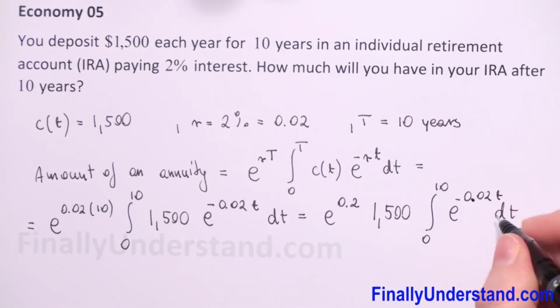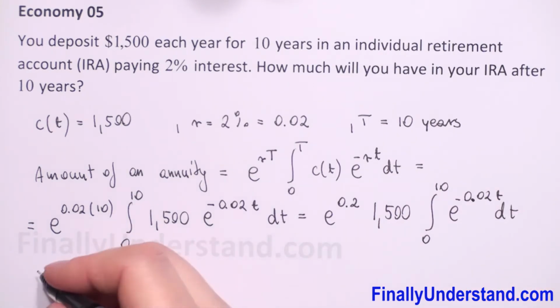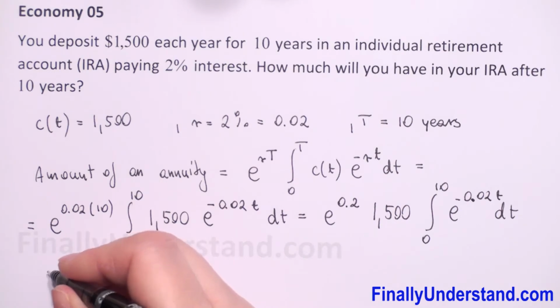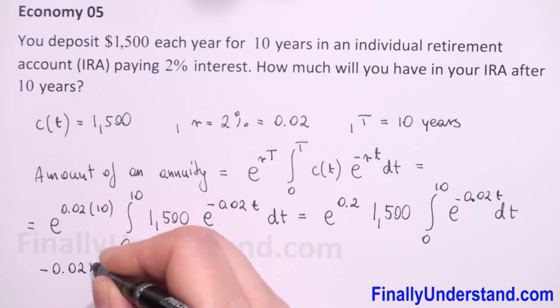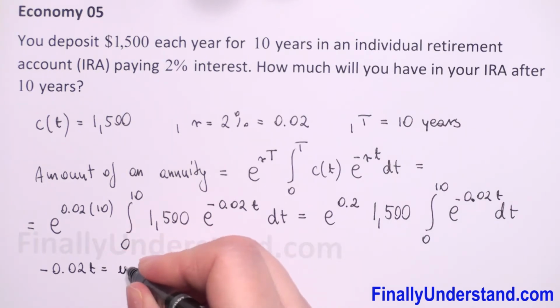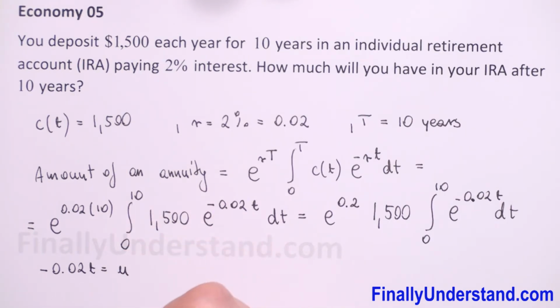If you forgot how to solve this integral, let me remind you, we will use the substitution method. Let negative 0.02 t be equal to u. Now we find the derivative of both sides with respect to t, so negative 0.02 is equal to du over dt.